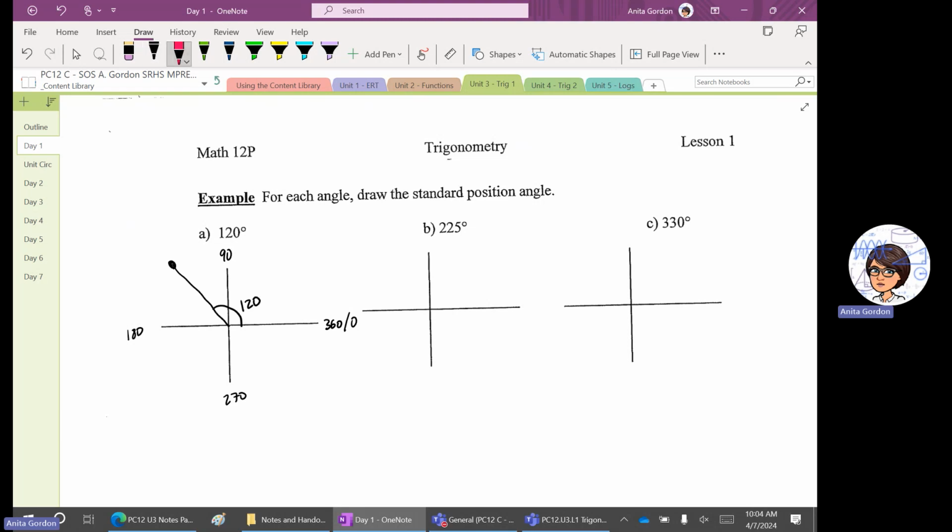Well, what's my reference angle? If this is 120, how many degrees do I need to get to 180, my closest x-axis? This is 60 degrees.